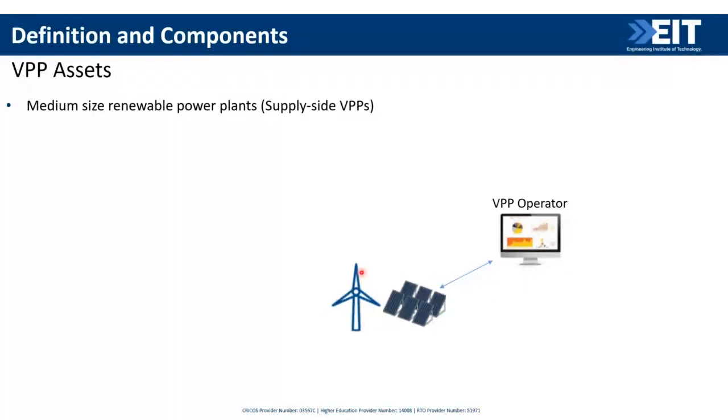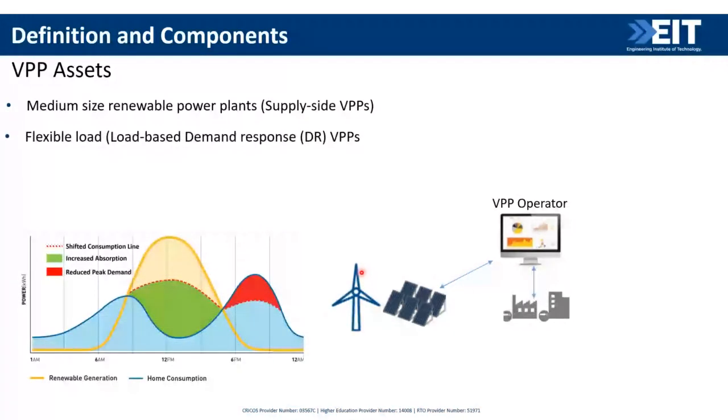The VPP assets can also be flexible loads, such as a smart refrigerator with a thermal storage system. So these loads can adjust their consumption based on the grid stability. What does it mean? For example, in this figure, the load curve is shown by the blue color.